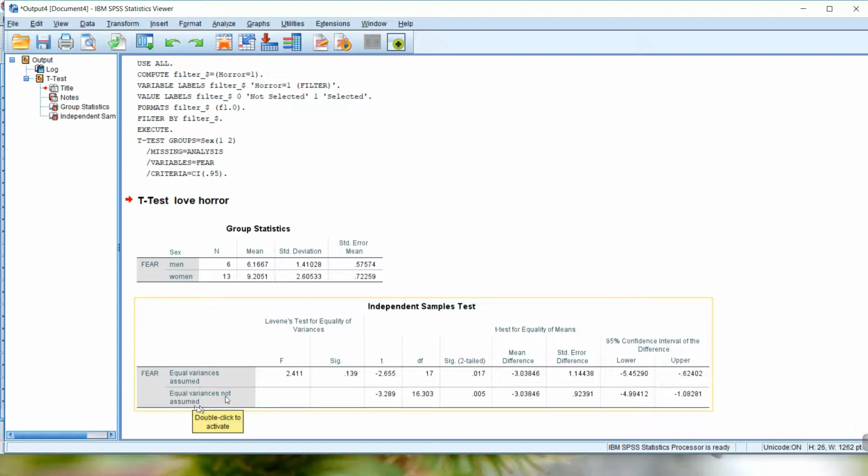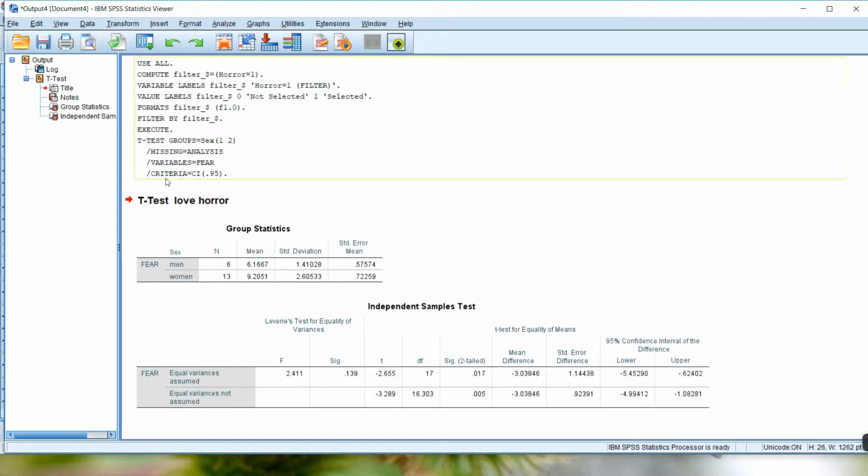And so if we look at variances not assumed equal, here is our t-value, our degrees of freedom, and our sig value. So we can see that men and women are significantly different. And if we look up here at the means, we can see that women reported being more afraid than men. And these are for people who said they love horror movies.